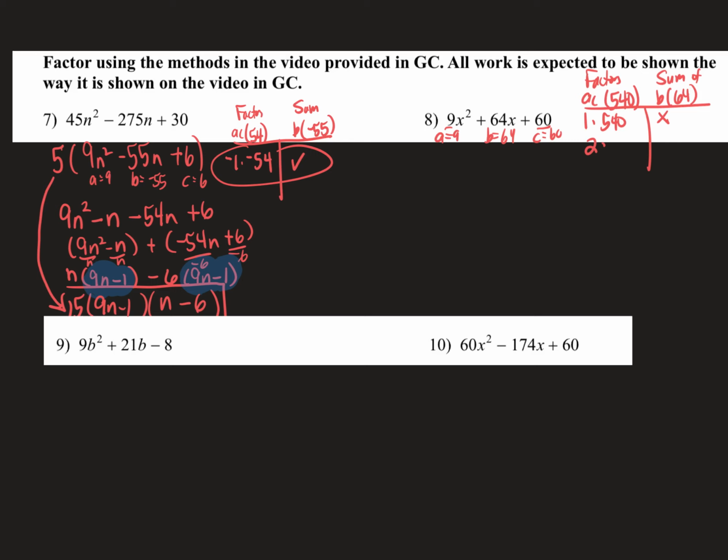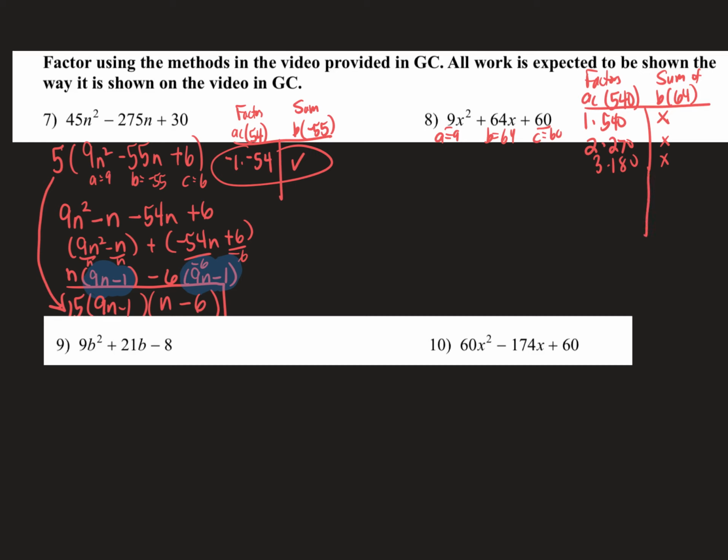That's probably right, but I'm going to check. 540 divided by 2. Yes, 2 times 270, which does not work. 3 does go into 540 because when you add the digits, you get a sum that is divisible by 3. So 3 times 180, which is not 64.